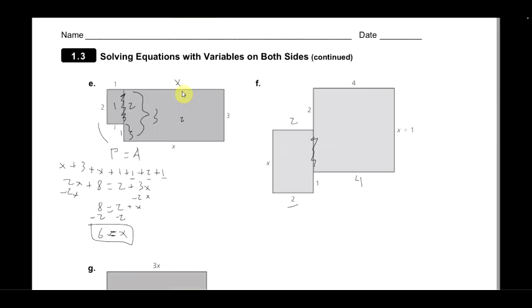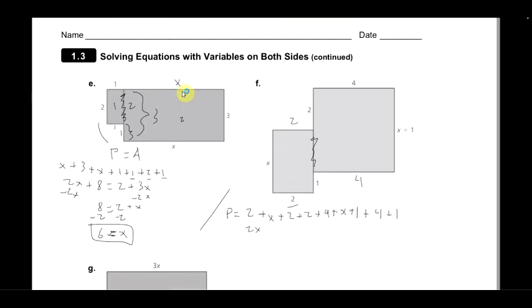So our perimeter equals, let's start at that same 2 again. 2 plus x plus 2 plus 2 plus 4 plus x plus 1.